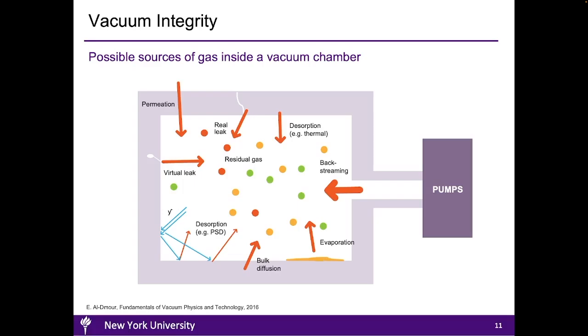The outgassing can happen due to the gradual evaporation of contaminations such as hydrocarbons inside the chamber. The presence of vacuum leaks also degrades the quality of the vacuum. It is therefore crucial to ensure the integrity of the vacuum chambers in high vacuum and ultra-high vacuum systems through a process called leak testing.